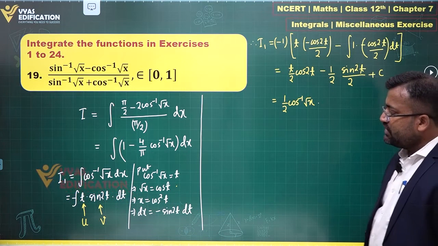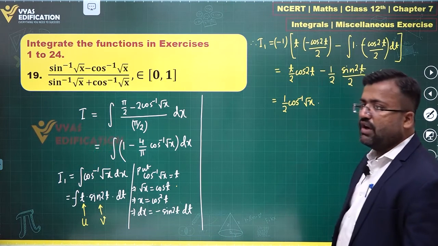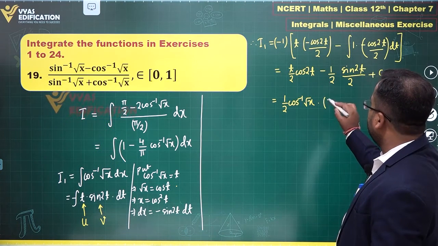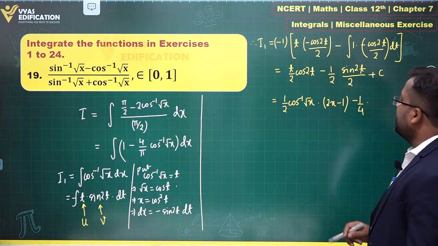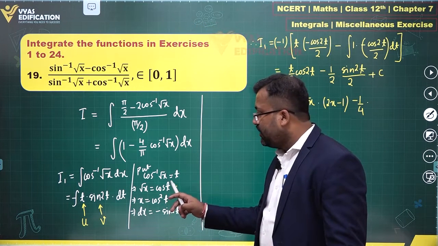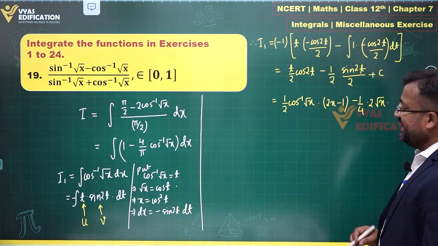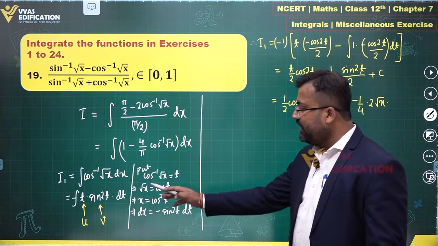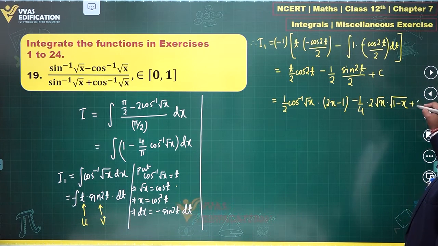Cos 2t is 2 cos square t minus 1, which is 2x minus 1, minus 1 by 4 times sin 2t. Sin 2t is 2 sin t cos t. Cos t is root x, and sin t will be the square root of 1 minus cos square t, which is the square root of 1 minus x. This is what you get, plus a constant.